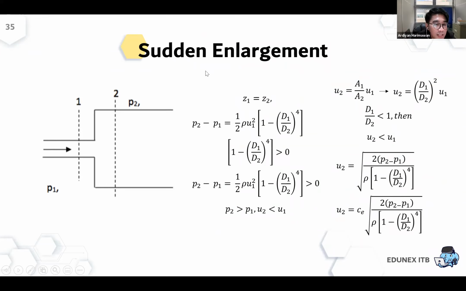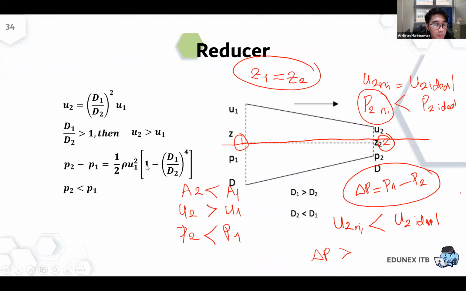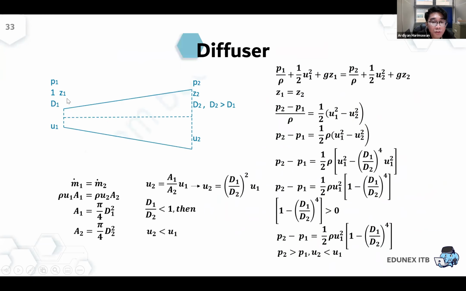We call it sudden enlargement. Why is it called sudden? Because it has a sudden change of diameter. The arrangement is at the left, at point 1, the diameter will be smaller than the diameter at point 2. Inlet is smaller than outlet. If you just compare point 1 and point 2, it's the same as a diffuser.